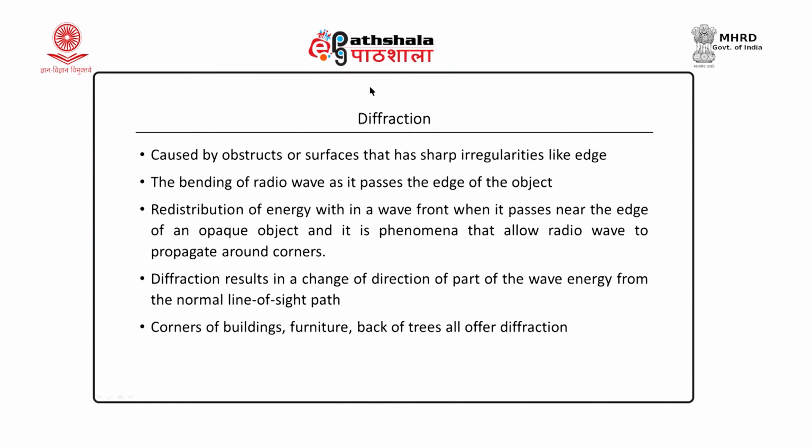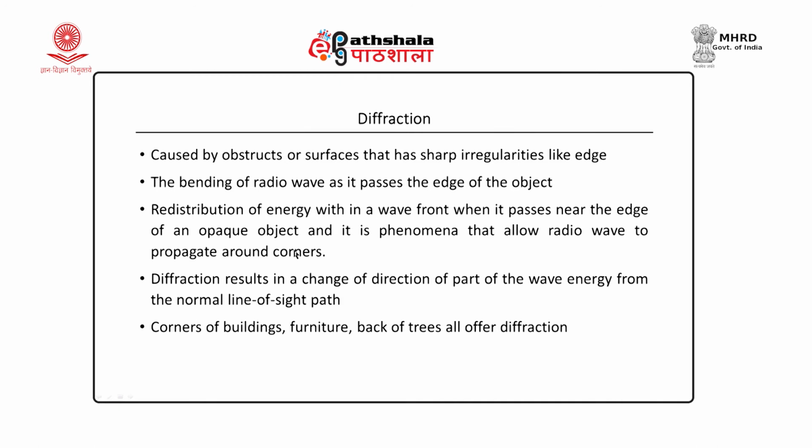What it does is bend a wave as it passes the edge of an object. As I just said, in ground waves, the waves bend because of the curvature of the earth's surface. Why does it happen? Because the energy of the waves gets redistributed when it passes near the edge of an opaque object, and it is that phenomenon that allows radio waves to propagate around corners.